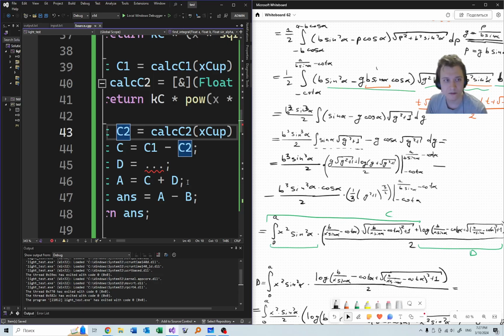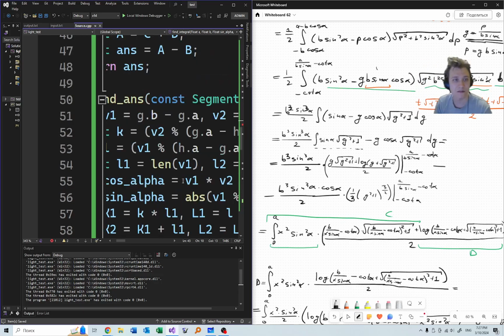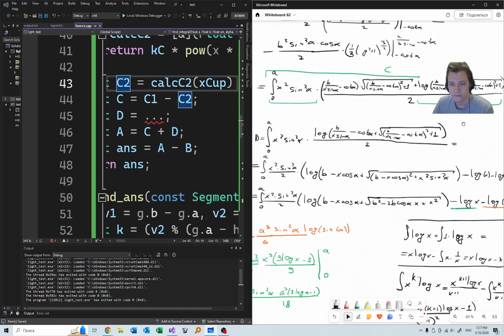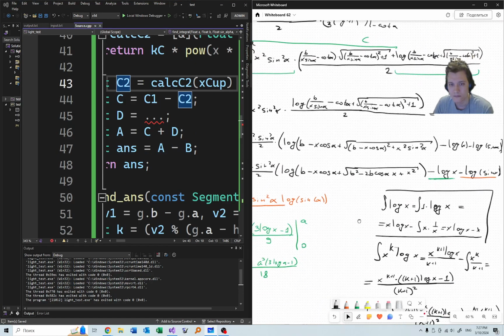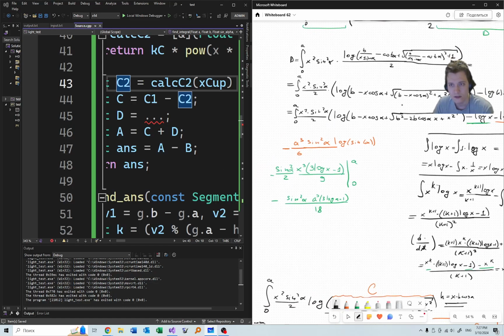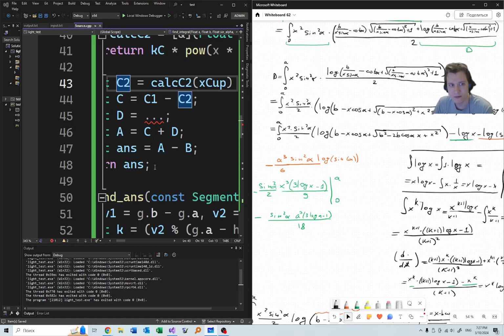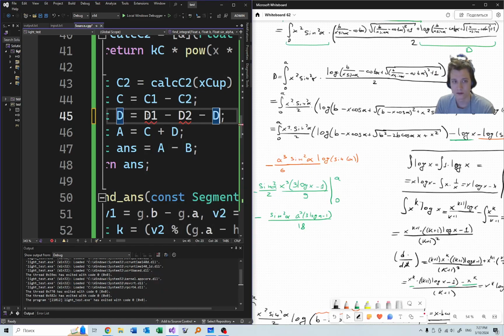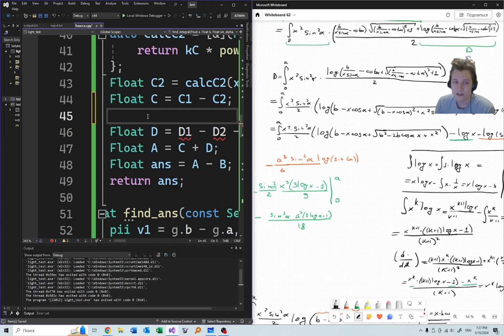Now we need to only calculate d. Everything else is ready. Unfortunately, as always, it's awful. We can say that d is d1 minus d2 minus d3. Let's again calculate d1, d2, and d3.